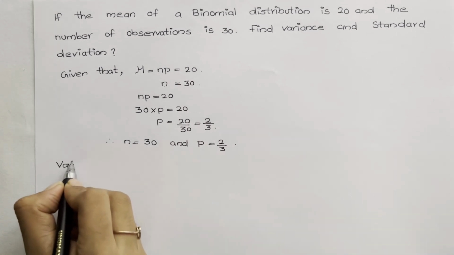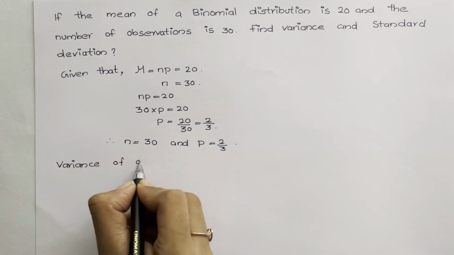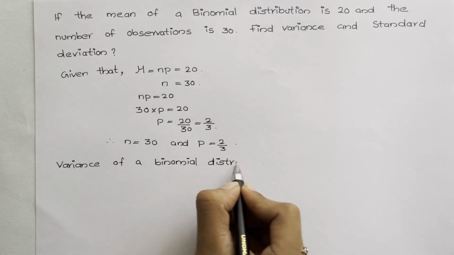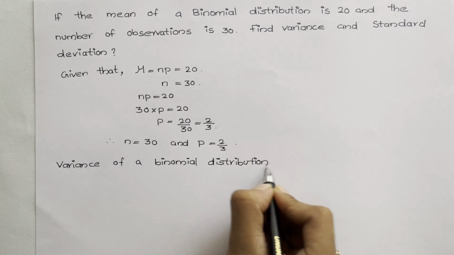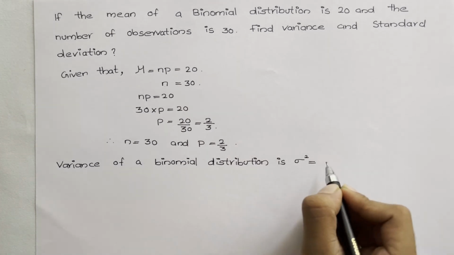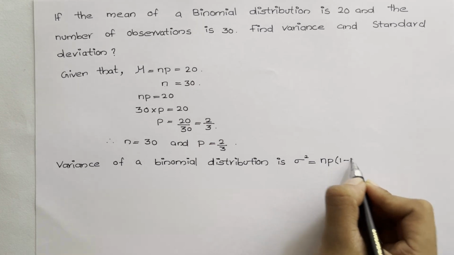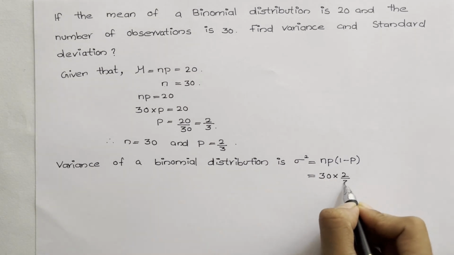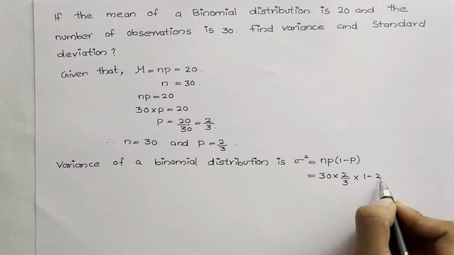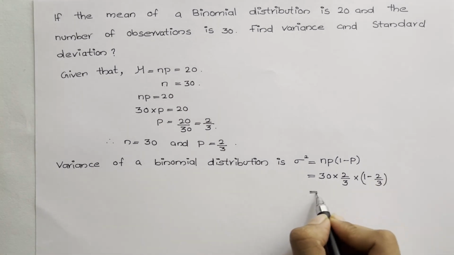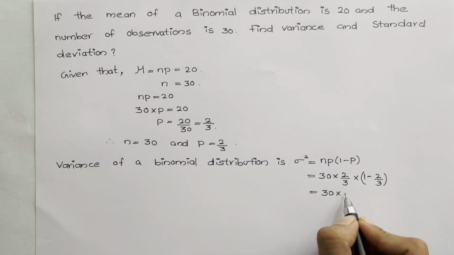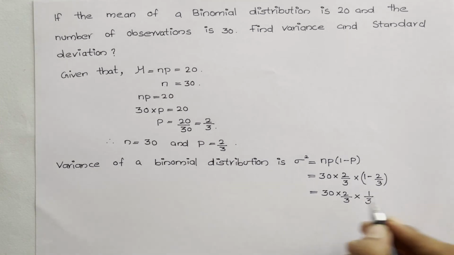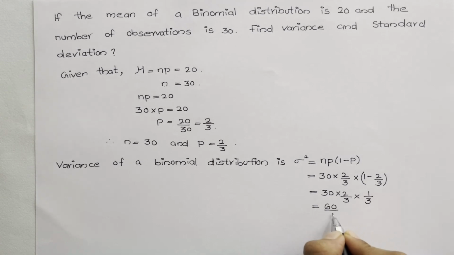We know that variance of a binomial distribution is calculated as sigma square equal to n into p into (1 minus p) equal to 30 into 2 by 3 into (1 minus 2 by 3) equal to 30 into 2 by 3 into 1 by 3, since 1 minus 2 by 3 is 1 by 3, equal to 60 by 9.